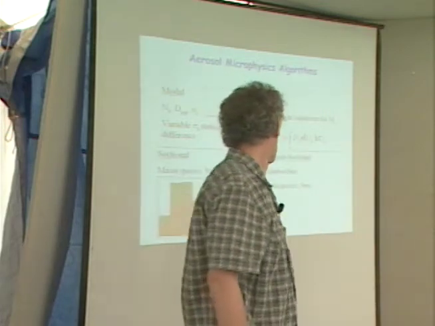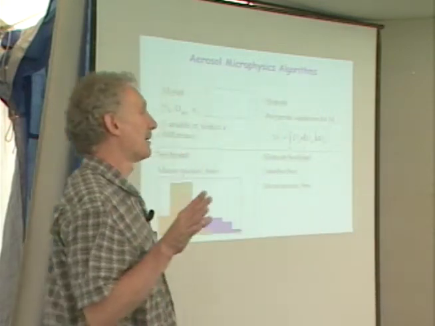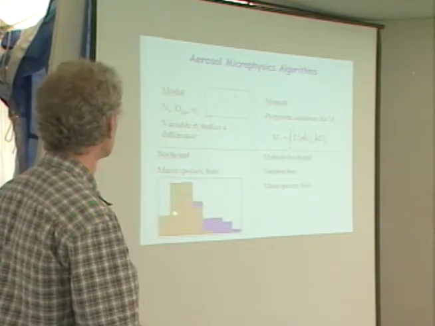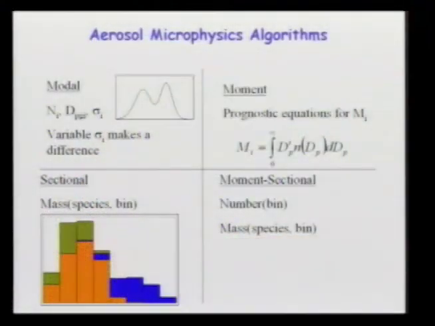That's right. So there are a bunch of other options other than the bulk framework that I talked about, and these are named here. You could argue that this bulk formulation falls into the category of a sectional model, in which each of these represents aerosol size along the abscissa and mass, let's say, or number along the ordinate, and the different colors are different aerosol types.